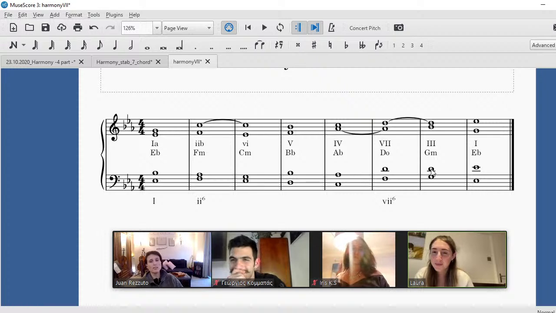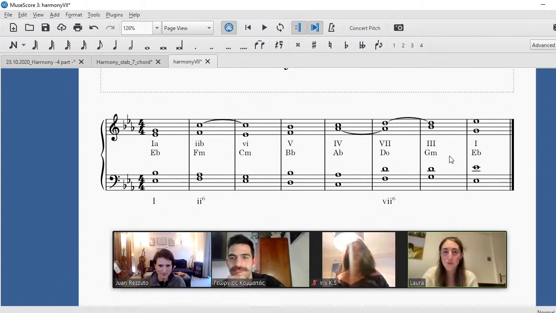Well, it depends on the position that you want. Okay, then keep the D. Yeah, but let's review that. It happens to be the leading note. Yes, that's why. It's not because of the position of the note.